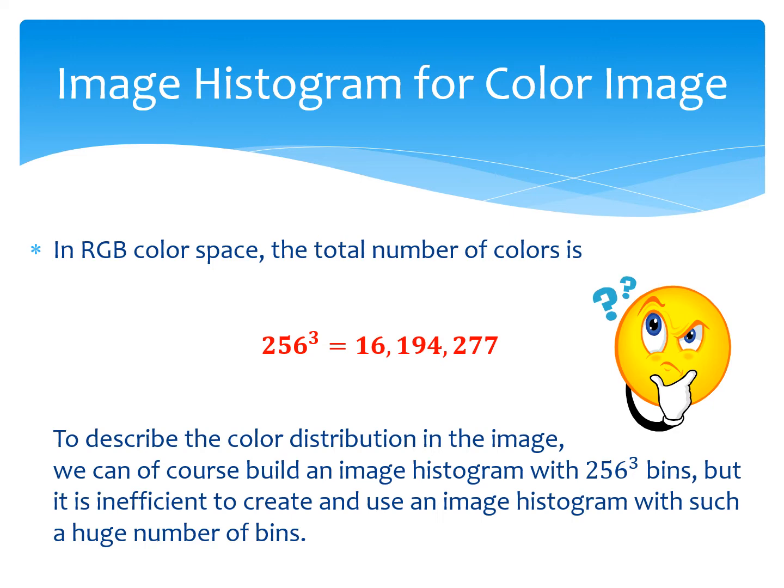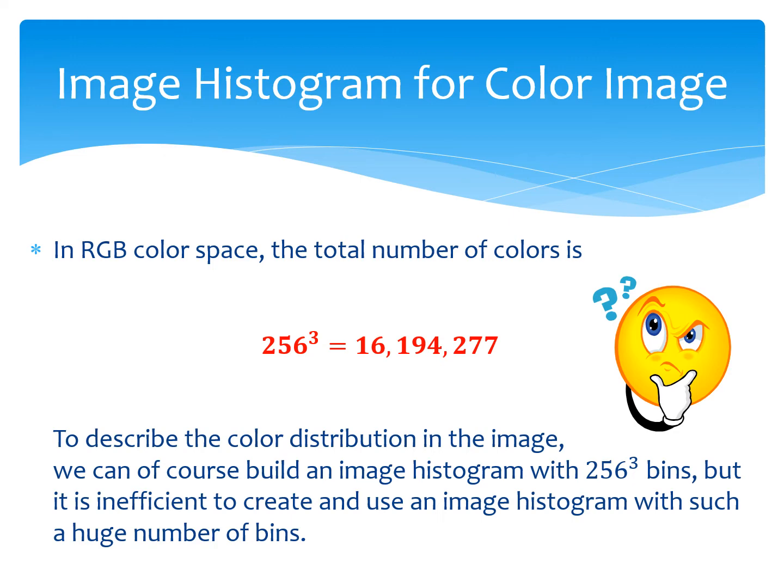As you have learned, a histogram can be used to describe the intensity distribution of a gray level image. A pixel in an RGB color space is composed of 3 primary colors, that is, red, green, and blue, each of which has 256 different intensity levels.